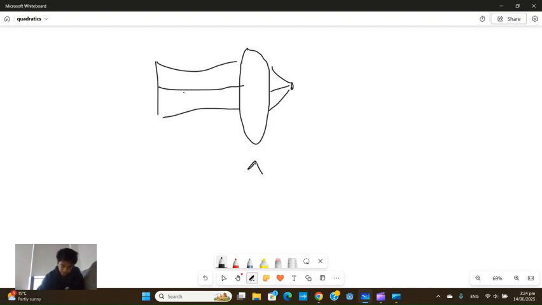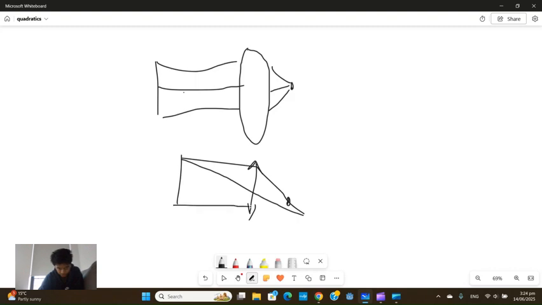This diagram represents a lens. If it goes straight in, then it'll come out at the focus. If it goes from here to the center, it'll go straight.